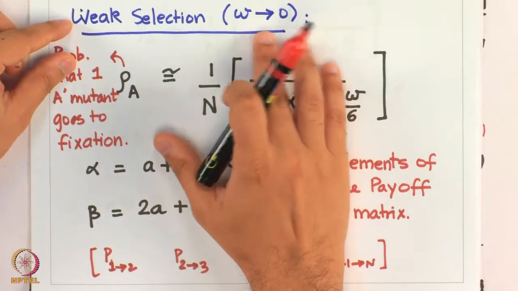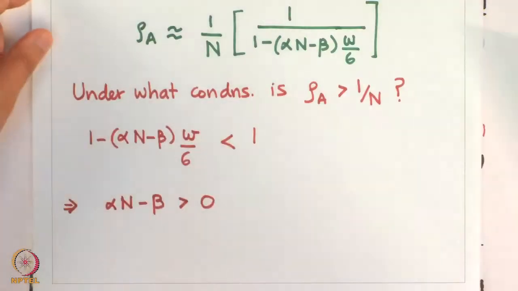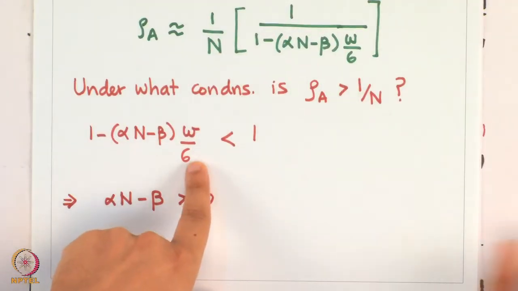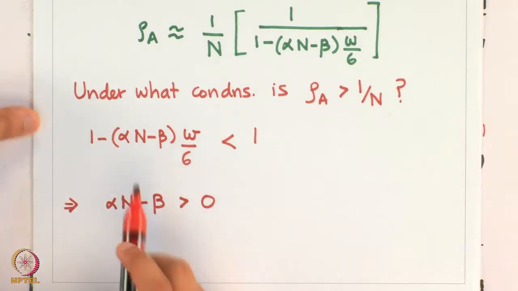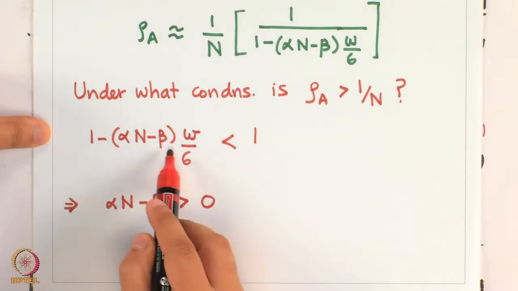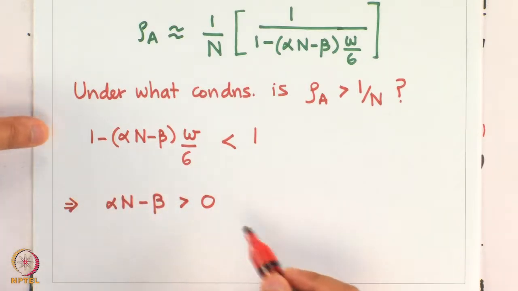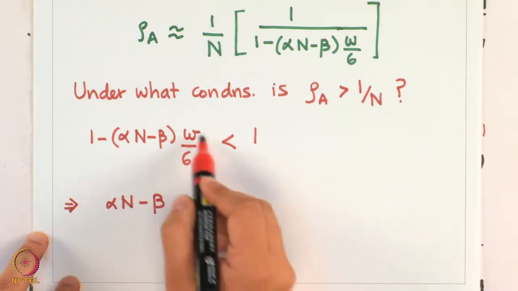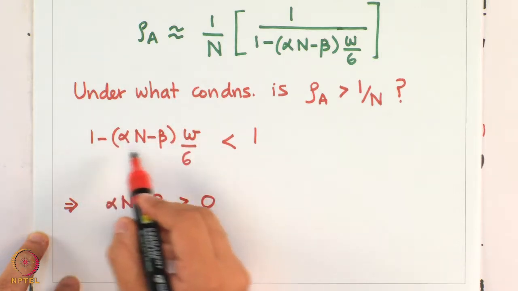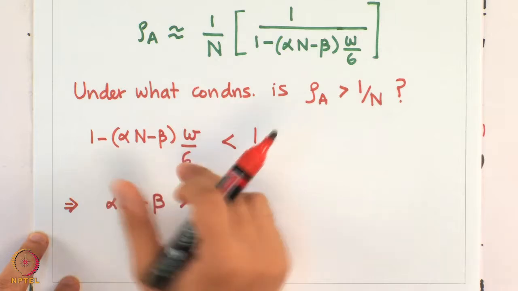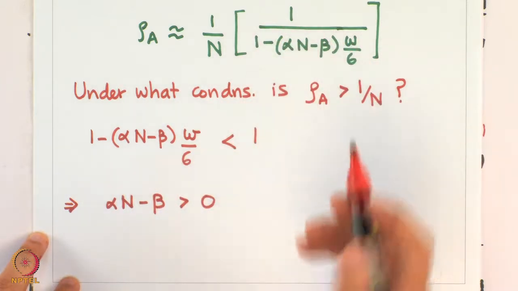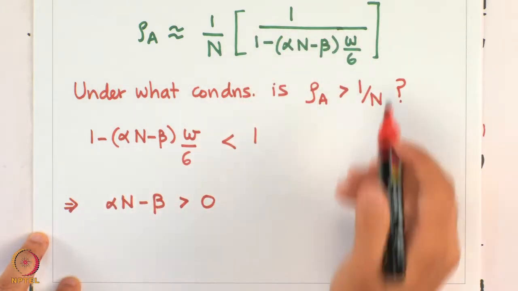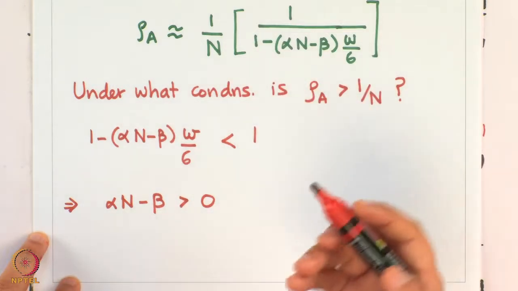Omega is a positive number but very close to 0. So omega by 6 is always positive, and if the term in the bracket, alpha n minus beta, is greater than 0, then we have 1 minus a positive quantity, and hence the denominator will be less than 1 and the whole expression will be more than 1.